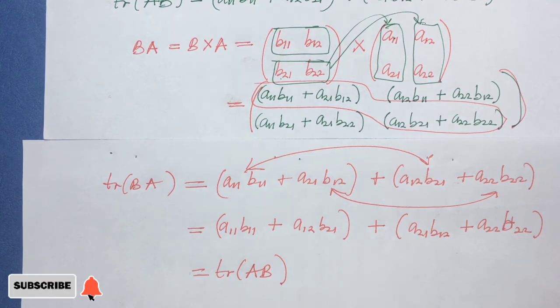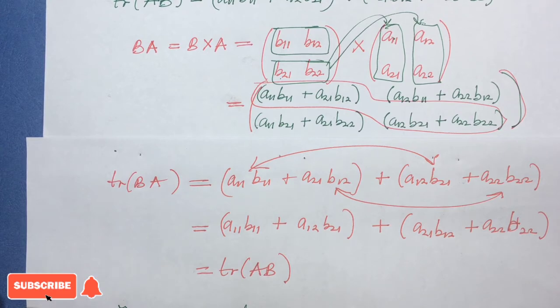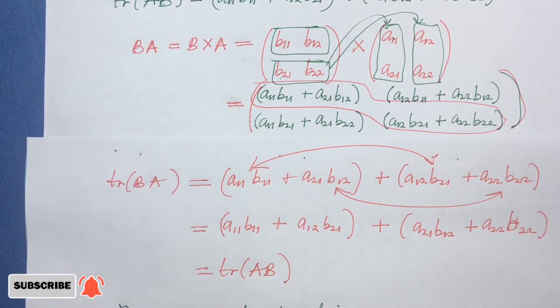Then the last property I'm going to be looking at is the trace of just a matrix with one element. Now that is property 5, trace of a one element matrix. So this property says the trace of a one element matrix is the element itself.